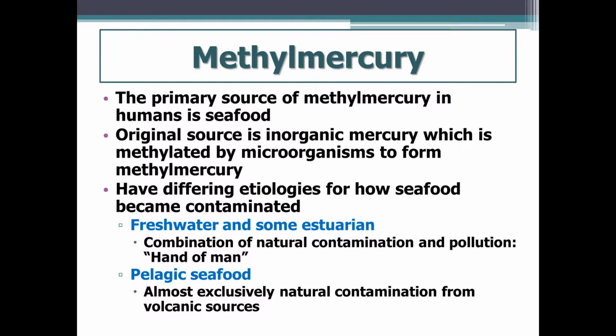So here you can make a case for the hand of man, so you follow the more stringent criteria. On the other hand, when you're dealing with pelagic sea fish, the ones out in the deep ocean, these almost exclusively obtain their methylmercury as a result of mercury coming originally from volcanoes. There is no hand of man. And so this would, theoretically at least, fall under a different criteria within the law.